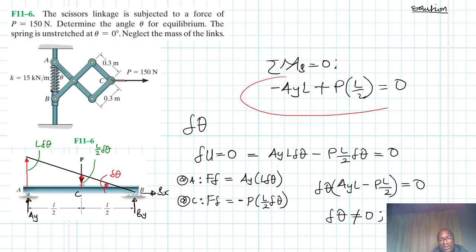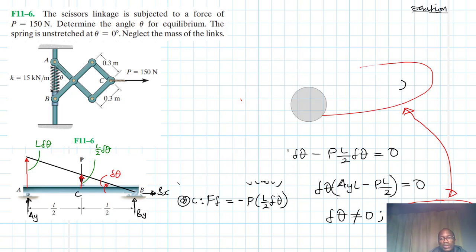When you look at this and you look at this, these are the same equations. So basically, this virtual work method is just synonymous to applying the equations of equilibrium, only that we are doing it the other way using this particular principle. And this is what we are going to do for this particular scissors structure.